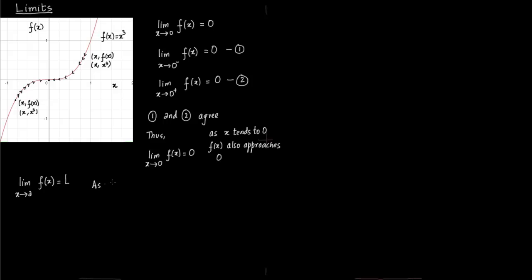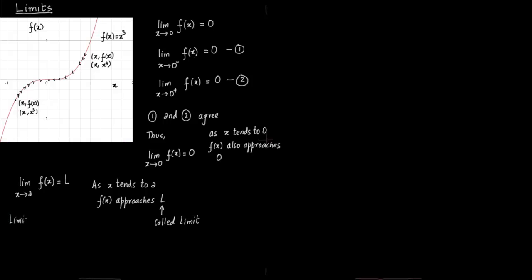So when you say limit of x to a of f of x equals L, what it means is as x tends to a, f of x approaches the value of L. And this L is called the limit of f of x.